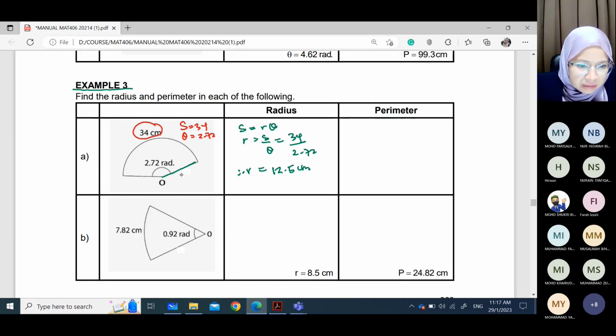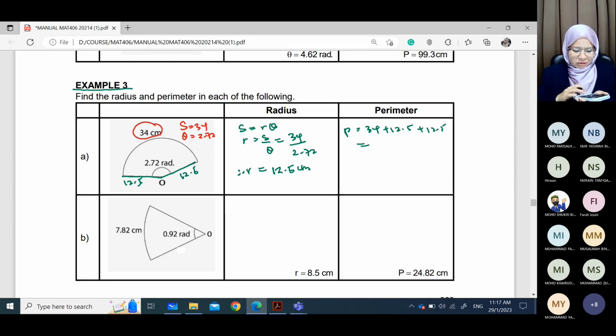Okay, so maknanya panjang yang ni adalah 12.5 cm. So this one pun sama lah sebab dia radius kan 12.5 cm. So untuk perimeter, 34 plus 12.5 plus 12.5, plus 12.5 plus 12.5, 59 cm. Okay, so kalau you nak gunakan, nak perlukan berapa panjang tali yang diperlukan untuk sektor yang ini adalah 59 cm.